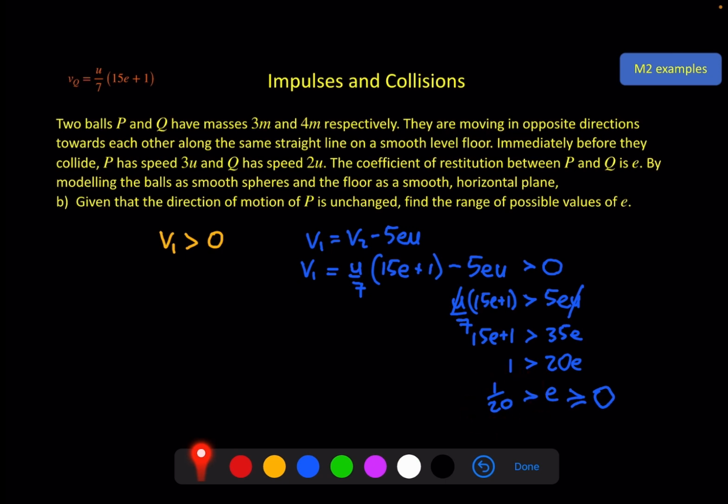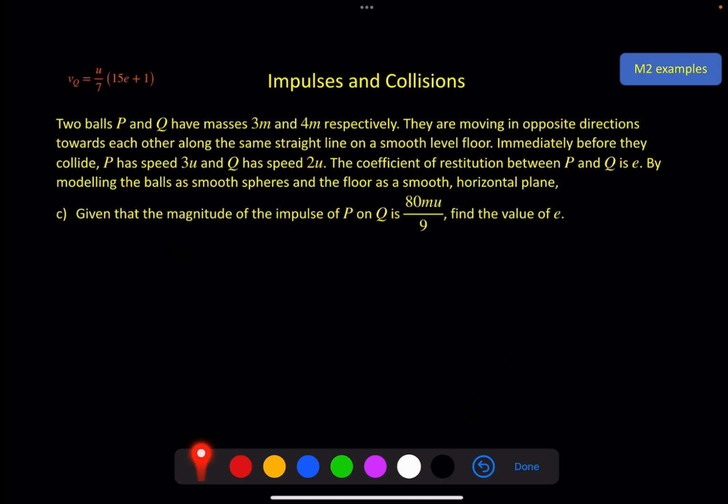Part B finished. Part C. Given that the magnitude of the impulse of P on Q is this, find the value of e. We don't need the previous screen for this, because impulse is taking us back to this equation. Specifically, we're looking at Q, the impulse on Q. We know the final speed of Q was this, and the initial speed of Q was this.